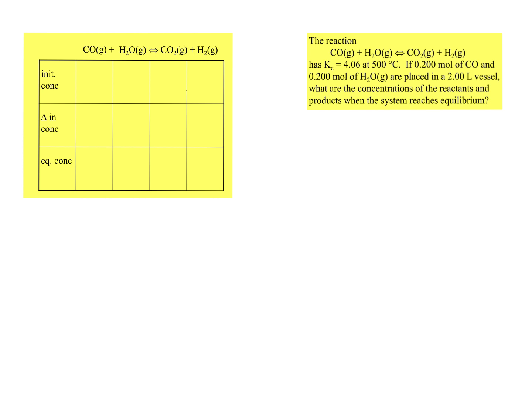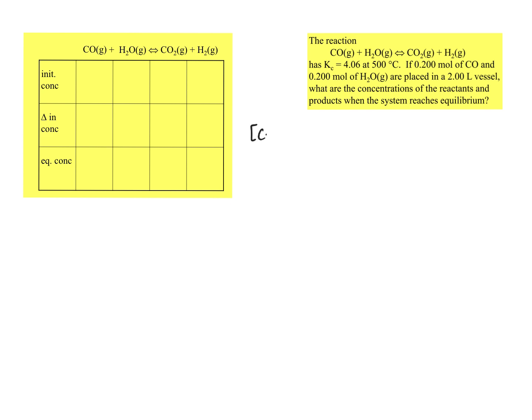So the first thing I told you is that when you use the ICE tables, you have to use molarities and not moles, bearing in mind the formula for molarity is moles divided by the number of liters. So when you look at this problem here, it says that there's 0.2 moles of CO in 2 liters.